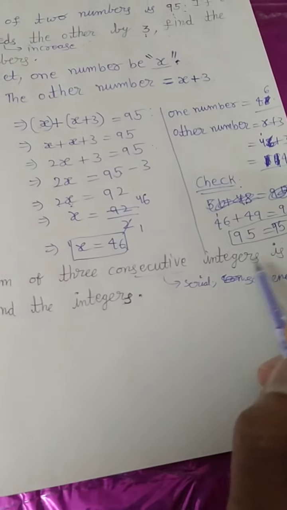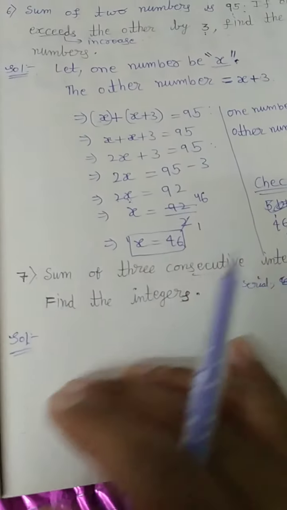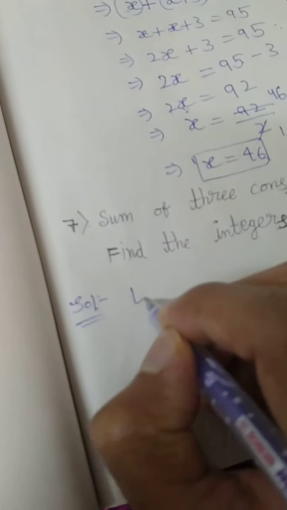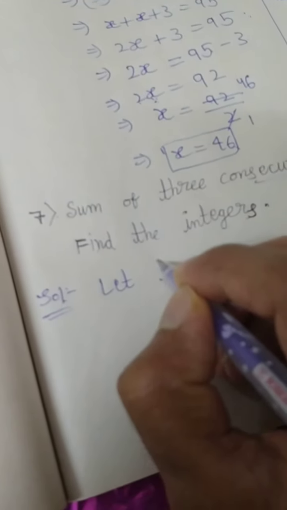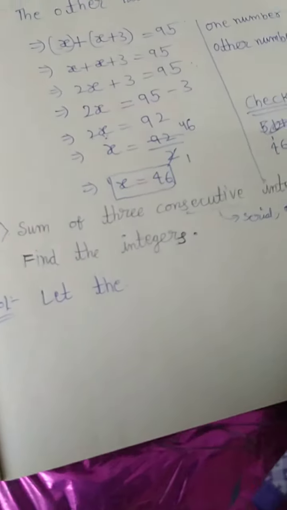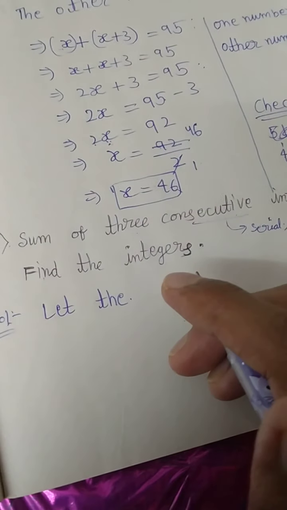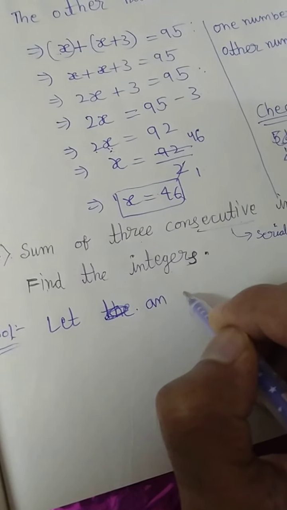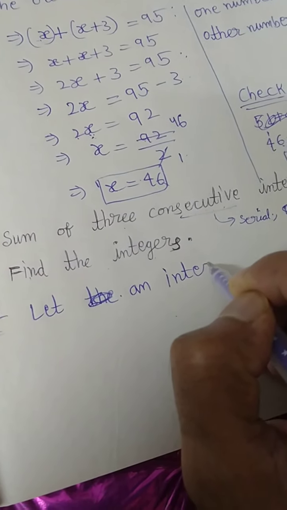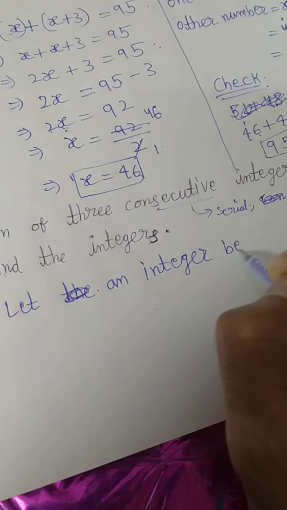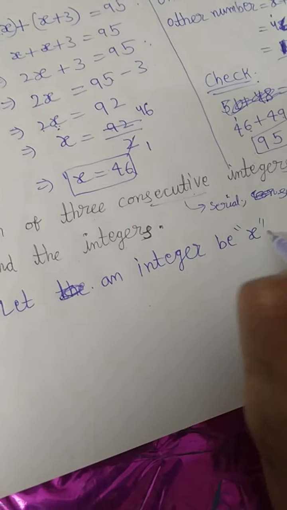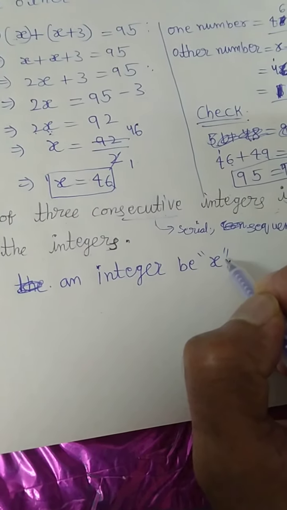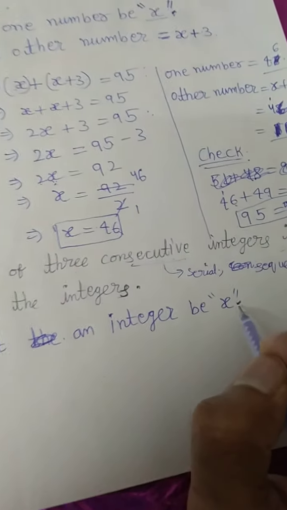Here what is the question? Find the integers, he was saying. So here, to find this, let an integer be x. If we assume one integer as x, that means the first integer only.